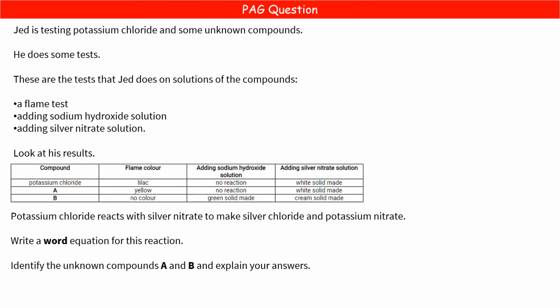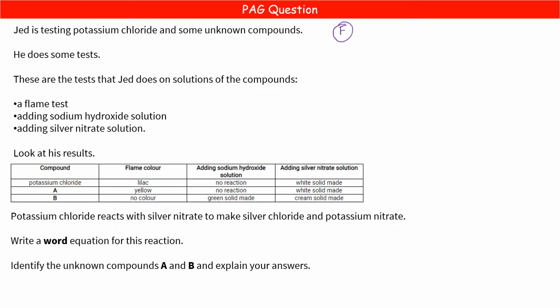Let's have a look at the style of questions they've asked around these anion and cation tests in the past. What I've got first of all is from a foundation paper. This is a foundation question, and it was a 6-marker. Jed is testing potassium chloride and some unknown compounds.